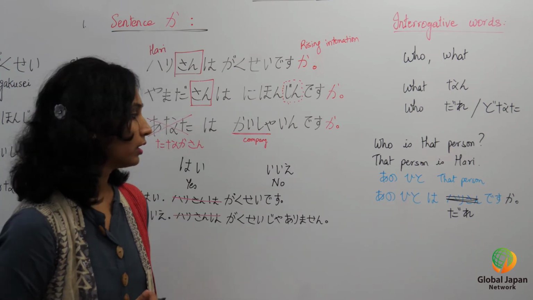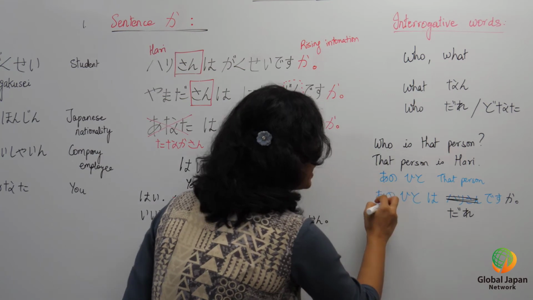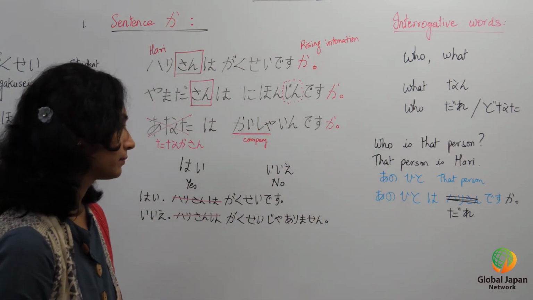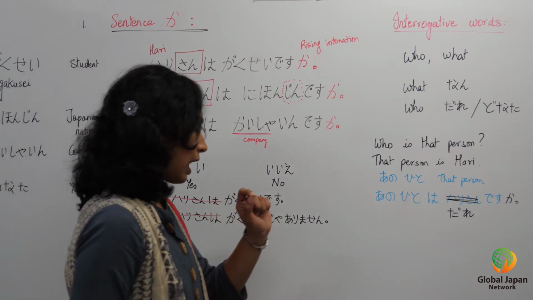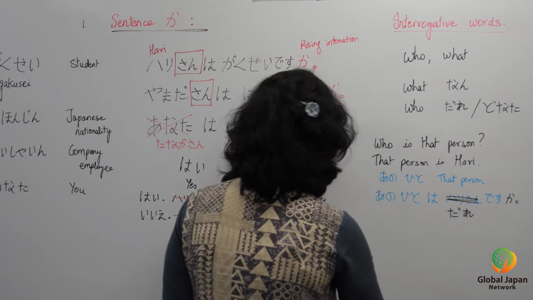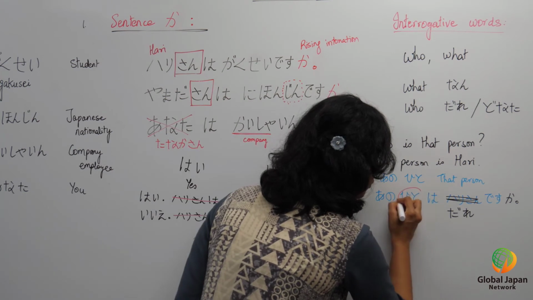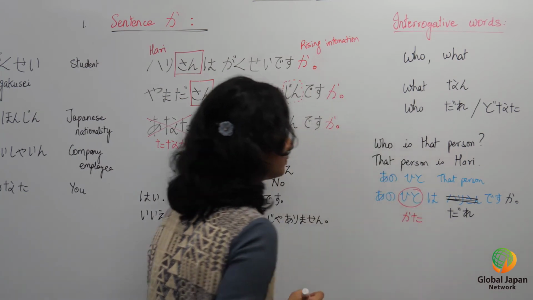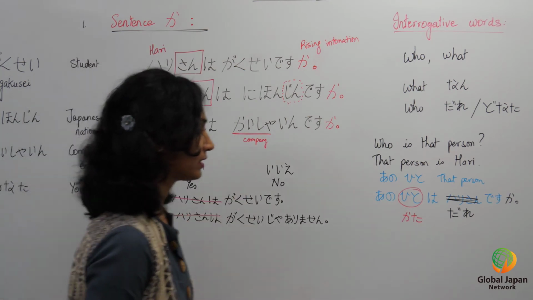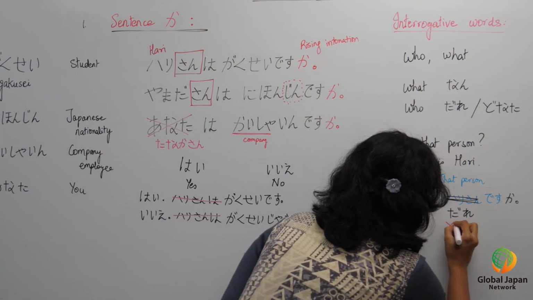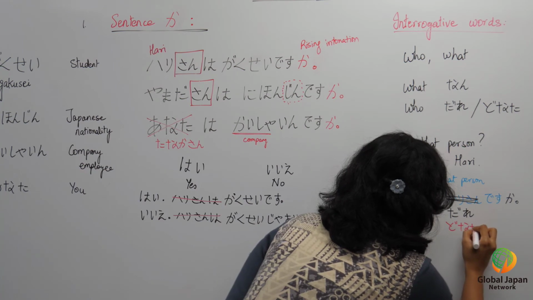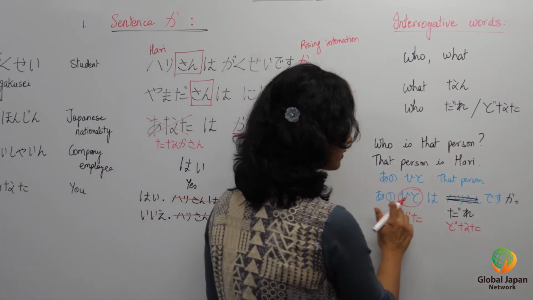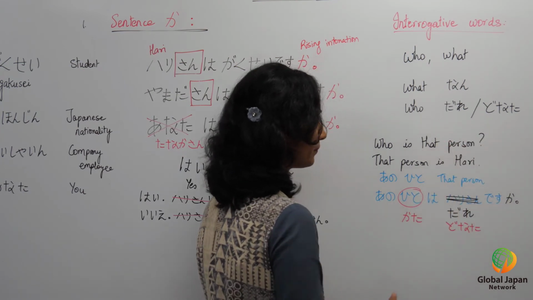Understood? If I have to make this sentence sound more polite, how would I frame it? Instead of hito, ano kata. Ano kata wa donata desu ka?